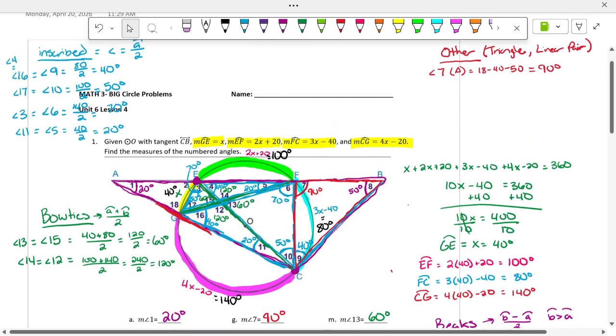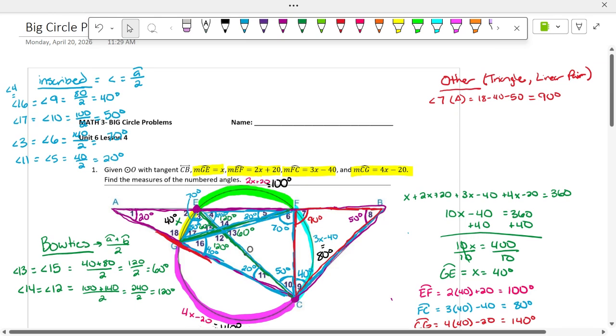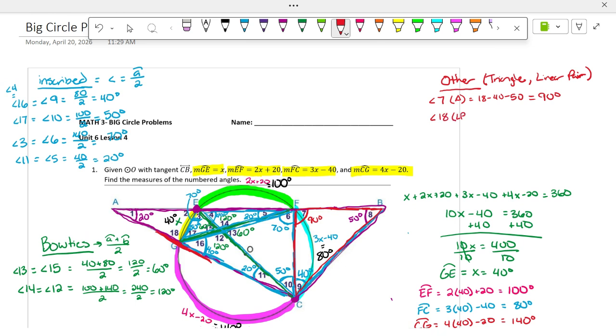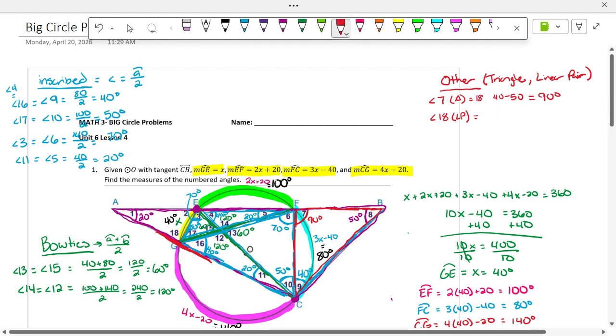All right. So in other words, I'm just subtracting 50 and 40 from 180. So angle 18, it's a linear pair. So I'm doing 180 minus 40 minus 50 still gives me 90.